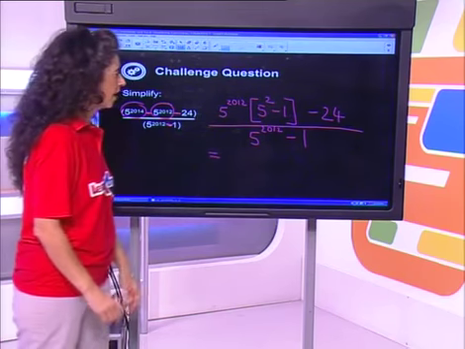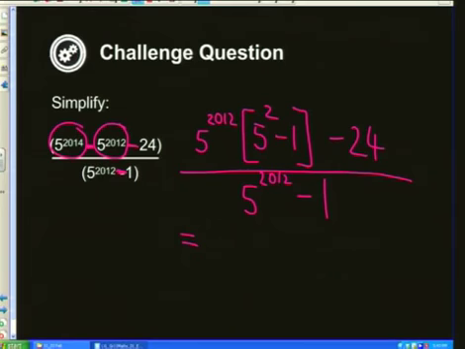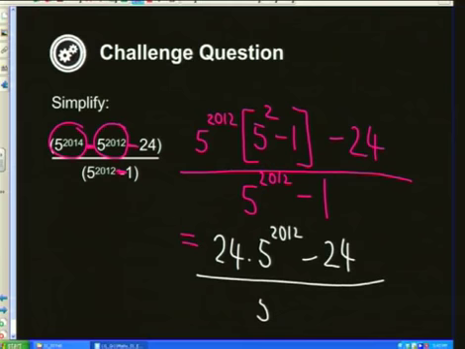Right. Now, there is something I can do here. 5 to the power of 2 is 25, minus 1 is 24. So I've now got 24 times 5 to the power of 2012 minus 24, divided by 5 to the power of 2012 minus 1.